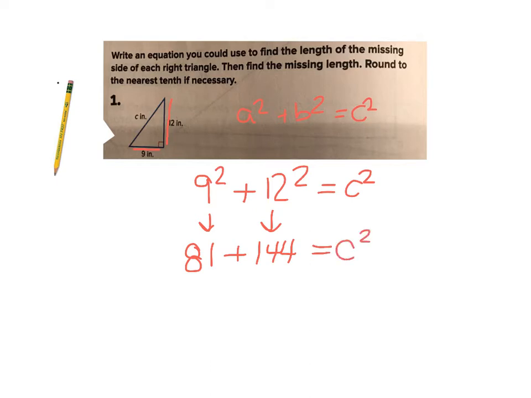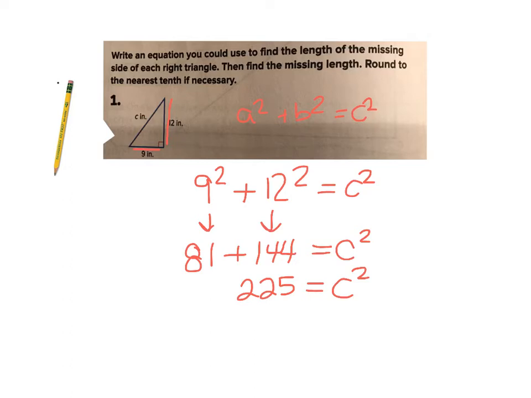And it's all going to equal C squared. So these two things added together is 225 equals C squared.